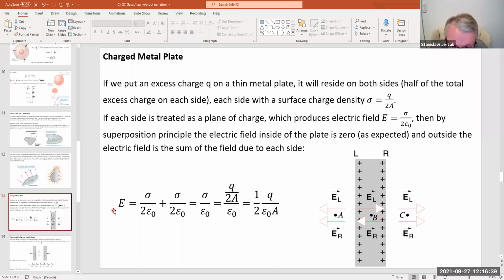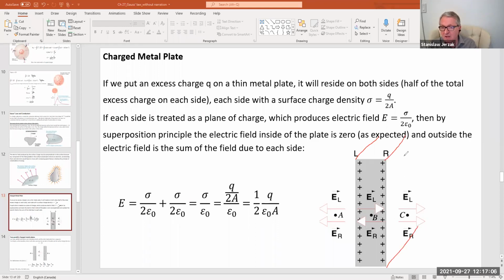Remember that in previous cases, when I talked about the plane of charge, I always had a plane of plastic with embedded charge. But on this slide, what if we take a plate of metal, not plastic this time? This is the plate of metal in cross section, maybe rectangular in shape.